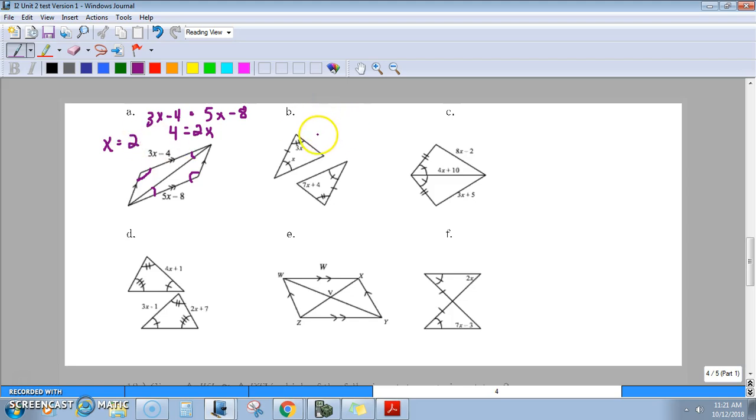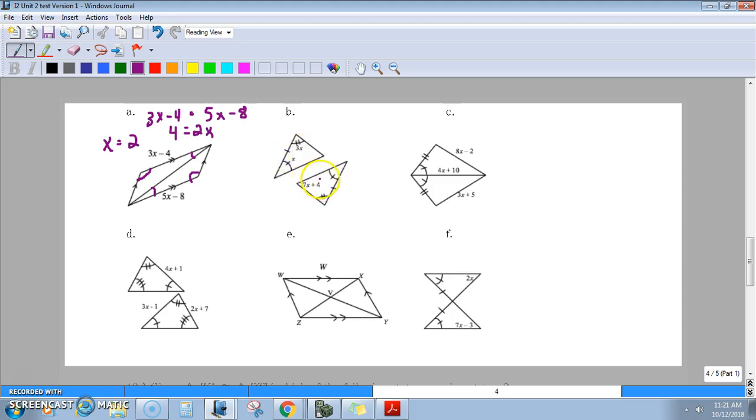All right, and here we have angle, side, angle, and angle, side, angle. So these two triangles must be congruent. That's a theorem of congruency. So let's see, what does that mean?